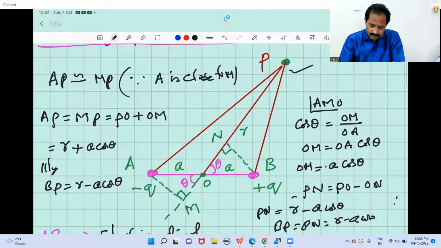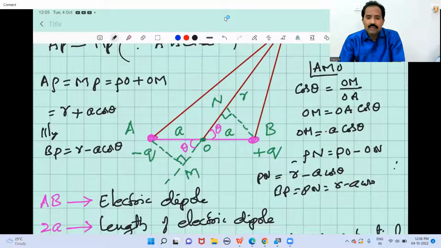Consider the triangle ONB. Cos theta is equal to adjacent side by hypotenuse side. From that I can say ON is equal to a cos theta. BP is almost equal to PN, and PN can be written as R minus a cos theta.